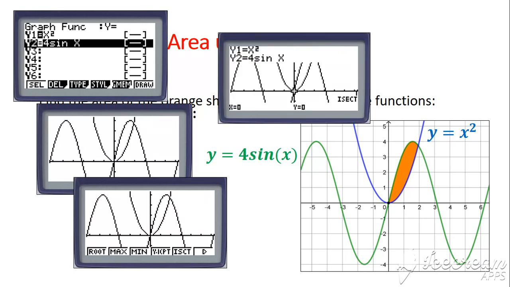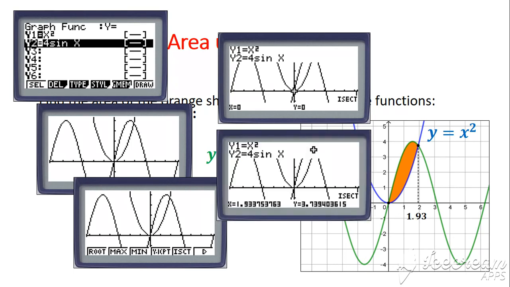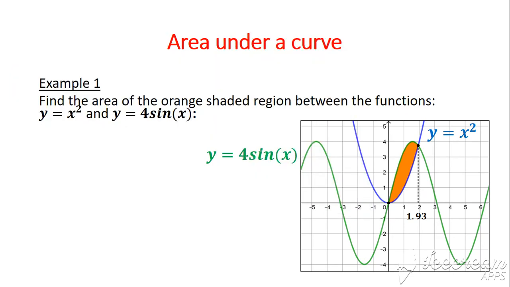So you'll see the first point that they cross over is at 0, 0, so my x value is 0. And the second place that they cross over is at the point 1.93, 3.73, and so I'm going to take the x value of 1.93. So I've managed to find my two x values of where they intersect, my two x boundaries, which are 0 and 1.93.